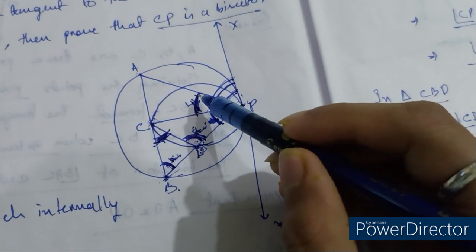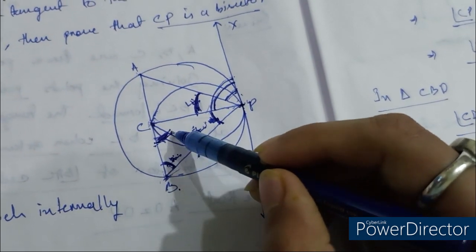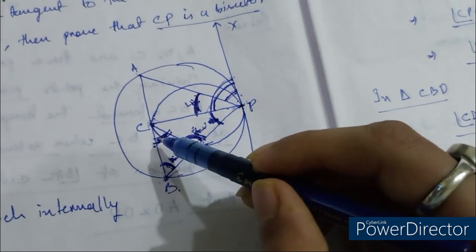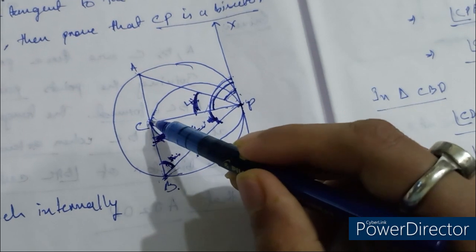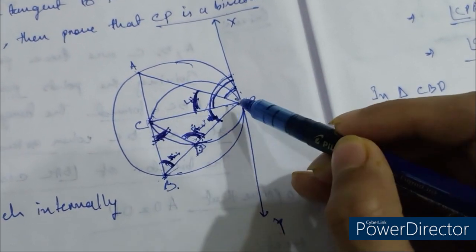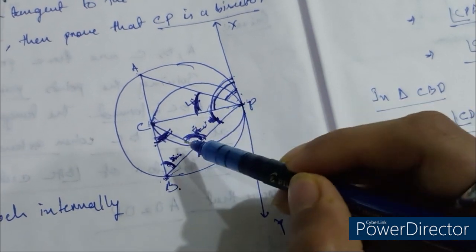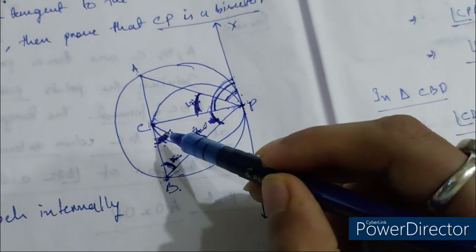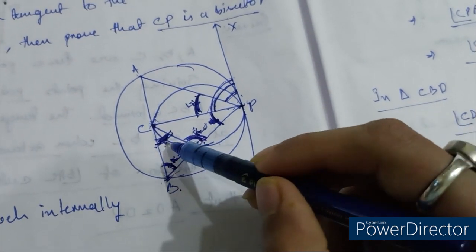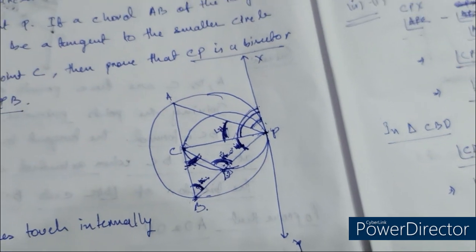Okay, so first of all I got that this angle is equal to this minus this, then again this angle is equal to this minus this, and then you can say that this angle is equal to this one, CPD, angle in the alternate segment. Yes, BCD is equal to CPD, angle in the alternate segment. So this is equal to this minus this, and this is equal to this. Therefore from 3, 4 and 5 these two angles will be equal.